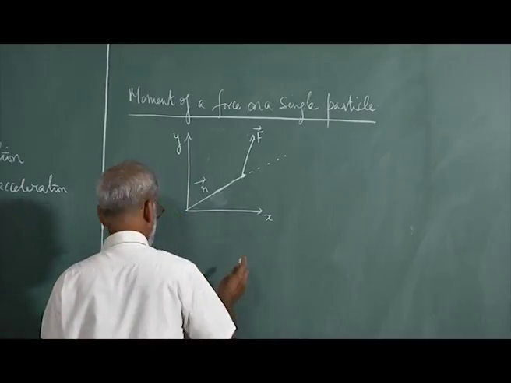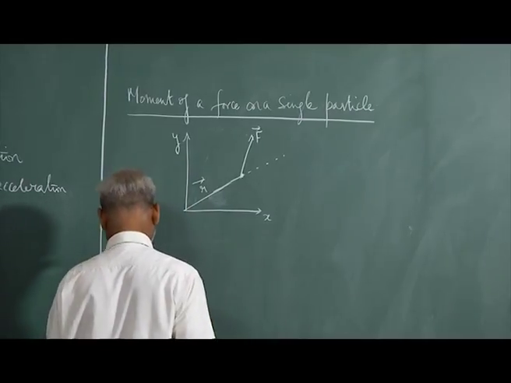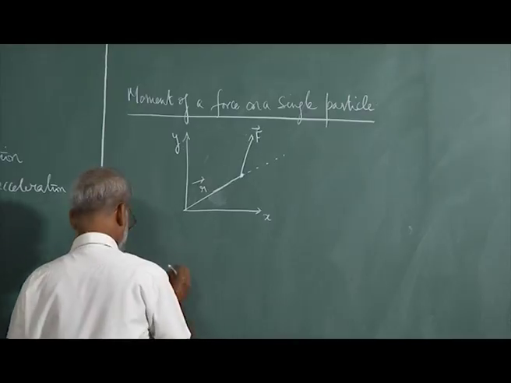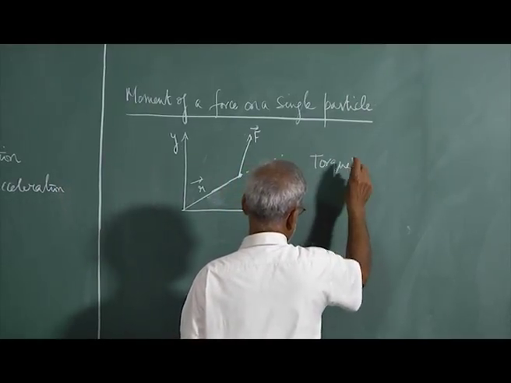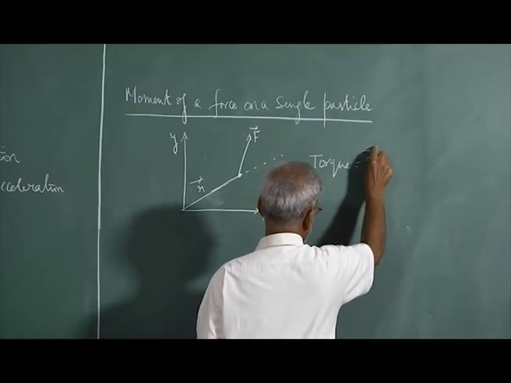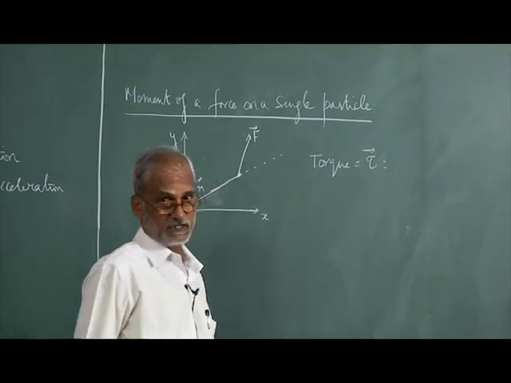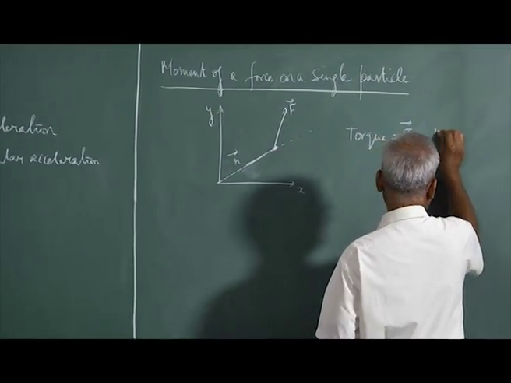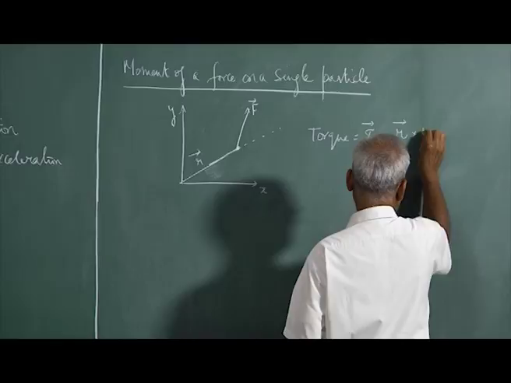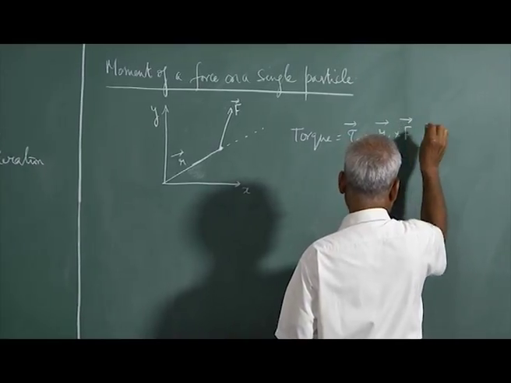Now the torque is denoted by tau. Torque tau is defined as the cross product of the position vector and the force acting on it.